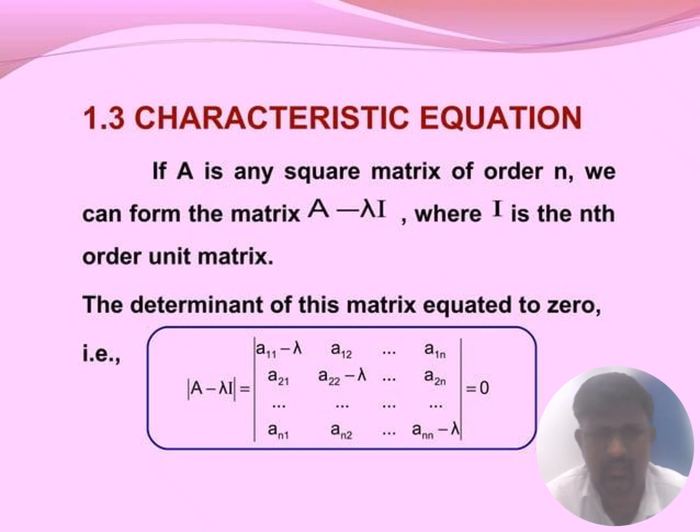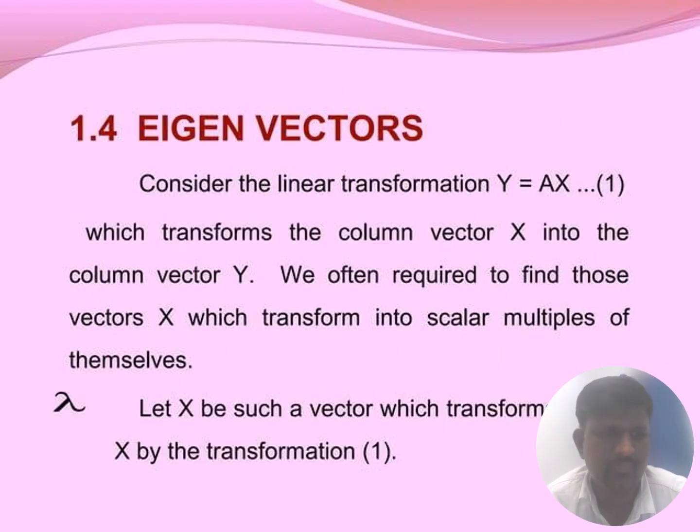If A is any square matrix of order n, we can form the matrix A minus lambda I, where I is the nth order unit matrix. Here lambda represents the eigenvalue, I is the identity matrix, A is the square matrix, and determinant denotes the determinant of the given matrix form.